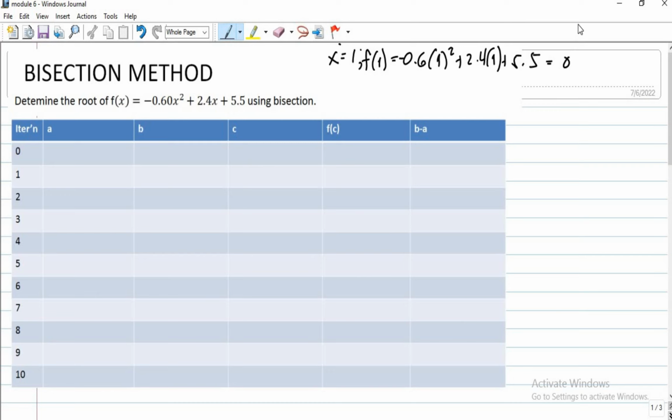That is equal to 7.3. If I take x is equal to negative 1, my function is equal to negative 0.6 times negative 1 squared plus 2.4 times negative 1 plus 5.5, and this is equal to 2.5.